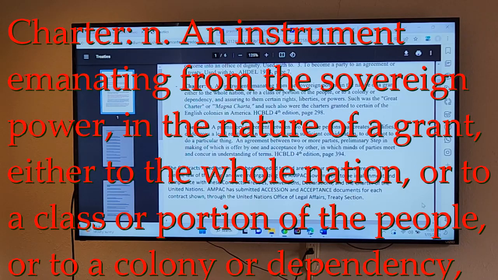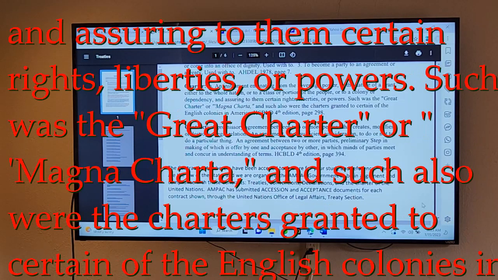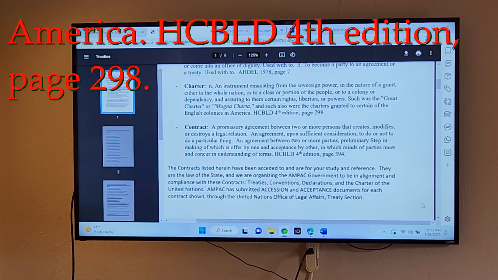Charter is an instrument emanating from the sovereign power in the nature of a grant, either to the whole nation or to a class or portion of the people, or to a colony or dependency, and ensuring to them certain rights, liberties, or powers. Such was the Great Charter or Magna Charta, and such also were the charters granted to certain of the English colonies in America. HCBLD, 4th edition, page 298.